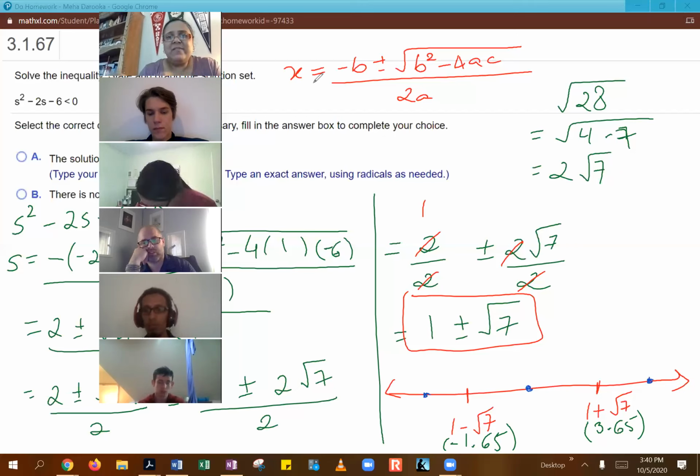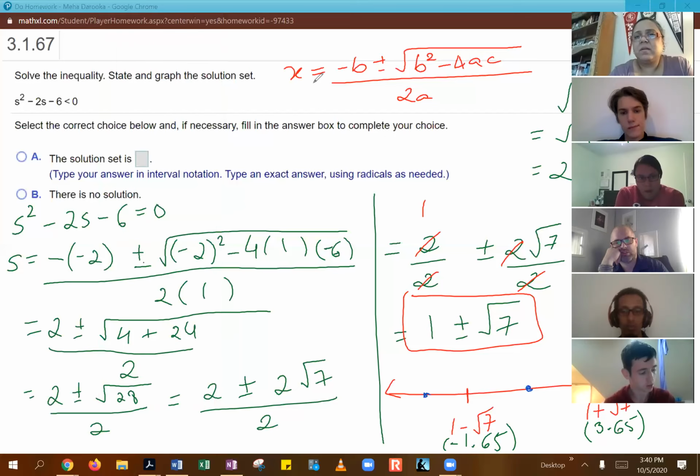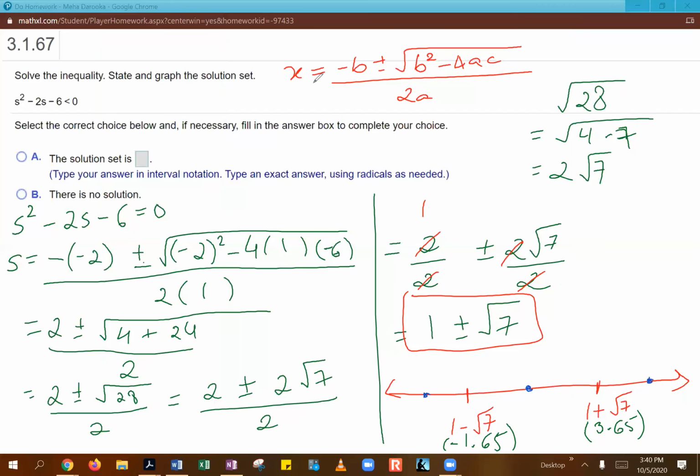So from that leftmost interval, what would you guys like to select as your test point? For this side over here? We're working from left to right. Okay, you want to go with -2? Yeah, as long as that number is smaller than -1.65, you should be good.